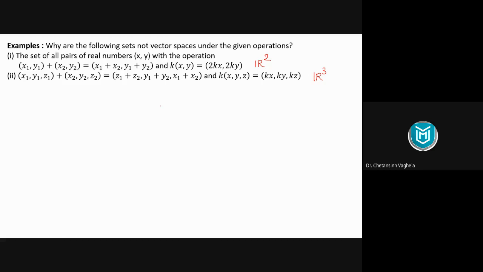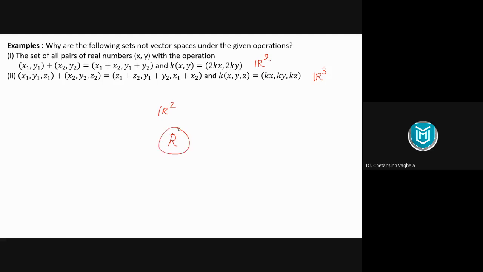Can anyone tell me why I'm writing R2 like this with this extra line here? Is there any idea why I'm writing the extra line here? Because in mathematics, there are various things where we are using this letter R. Even for relation we are using R, and there are various other stuff where we are using this notation.